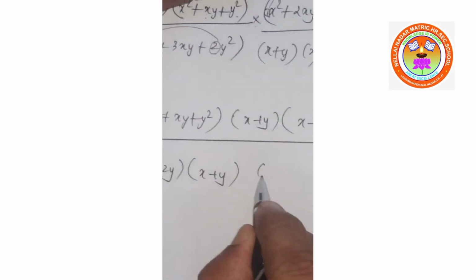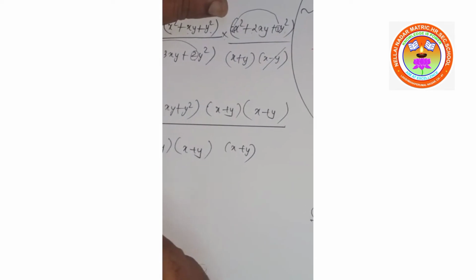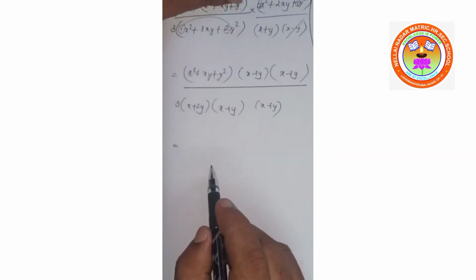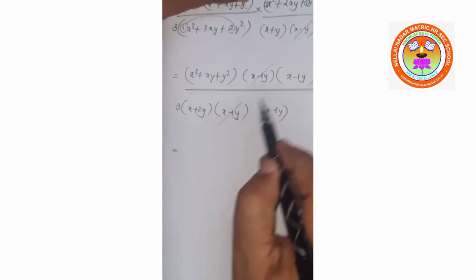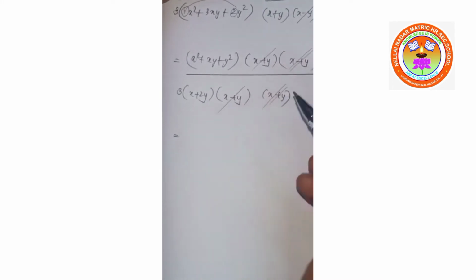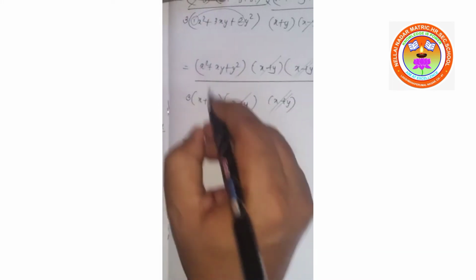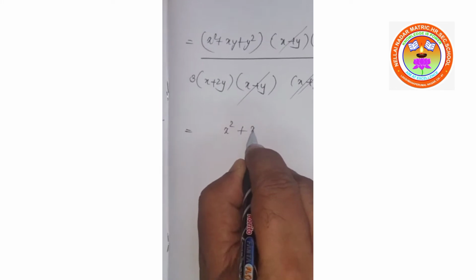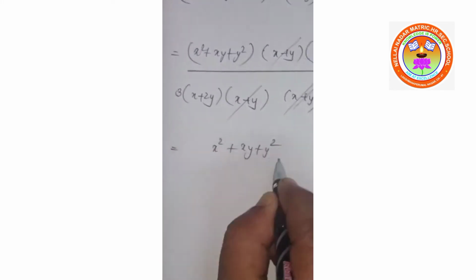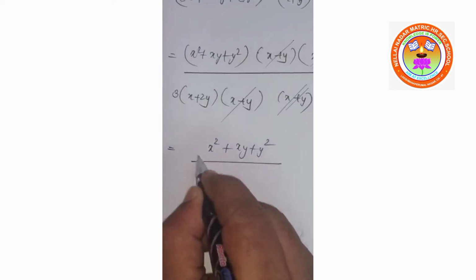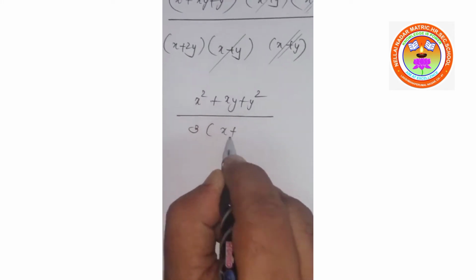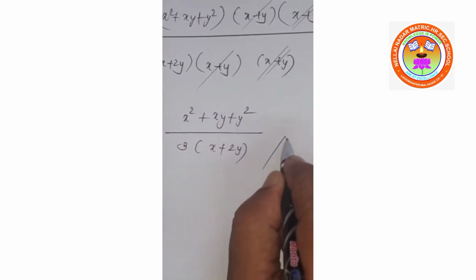So here we have one more x + y. Then we have to simplify. x + y, another x + y gets cancelled. That's all. So the left out x² + xy + y² in numerator, denominator 3 into (x + 2y).